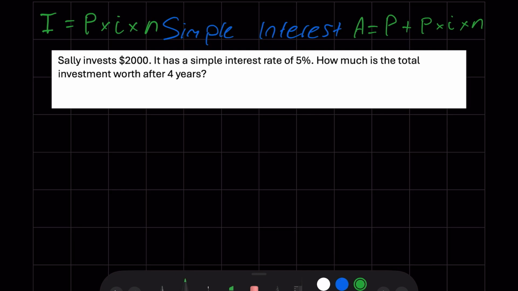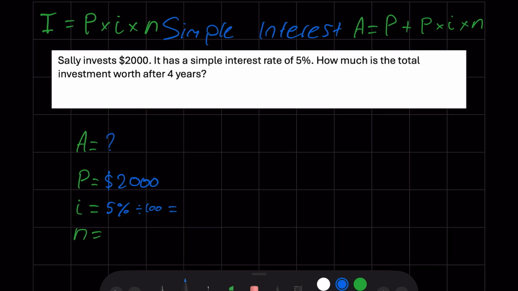So I'm going to write out my letters again. A, which is our total, and we don't know that yet. P, little i, and N. Our P in this question, this is our original amount, is $2,000. Our little i is 5%. But remember, we need to divide this by 100 to get it into a decimal.